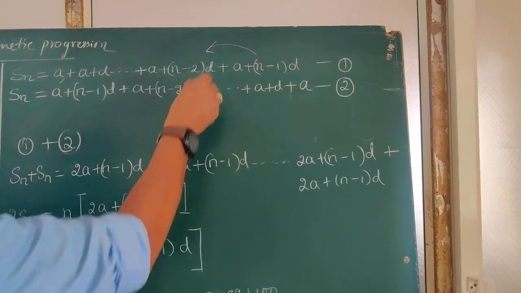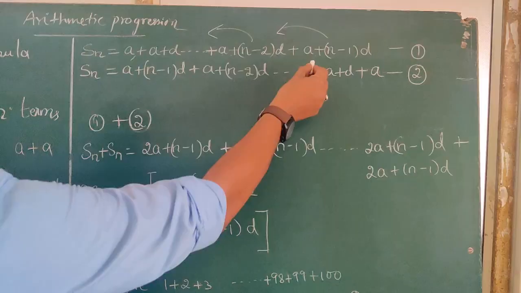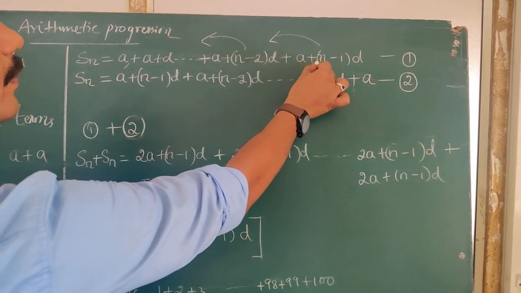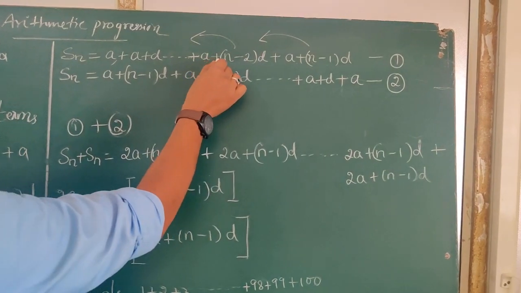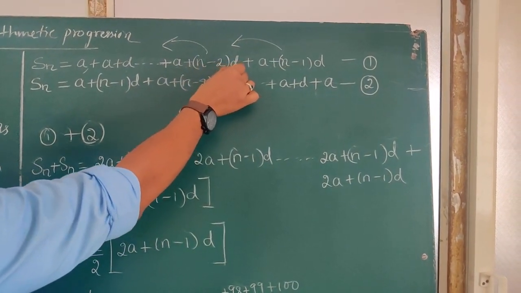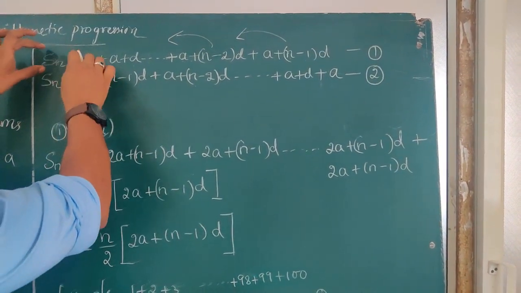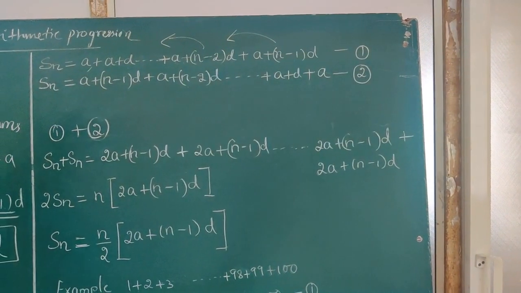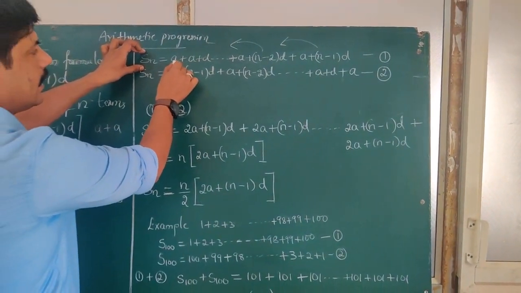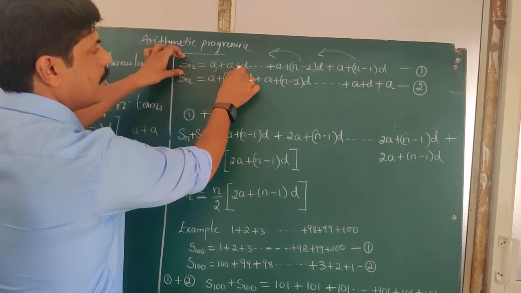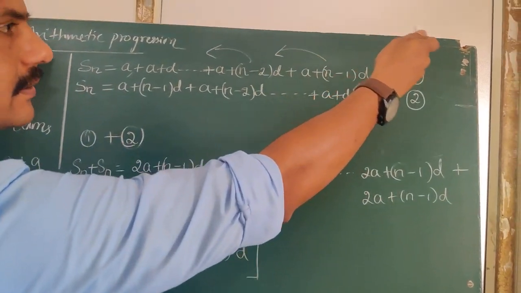What is the term that is behind it? Behind a plus n minus 1 into d is a plus n minus 2 into d. So this is the straight form written in the general way, a plus d, and so on.